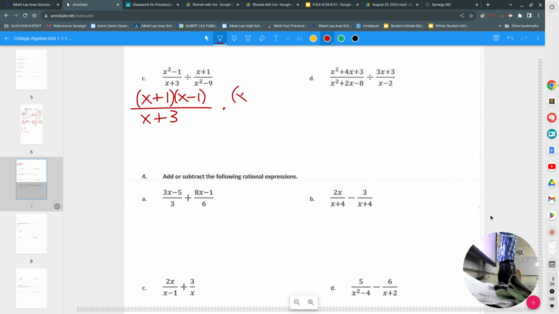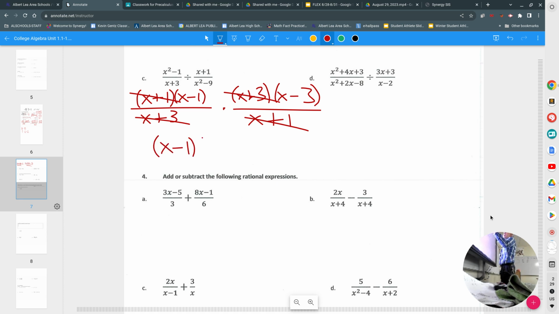I have an x plus 3 times x minus 3. And that will all be over x plus 1. Notice that the x plus 1's reduce, the x plus 3's reduce, and I'm left with an x minus 1 times an x minus 3.